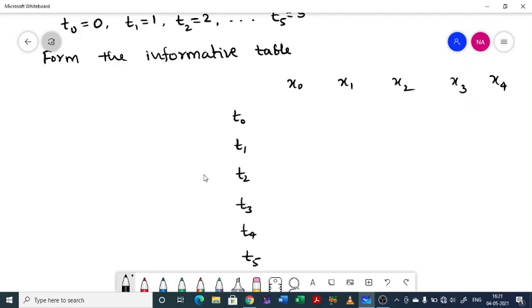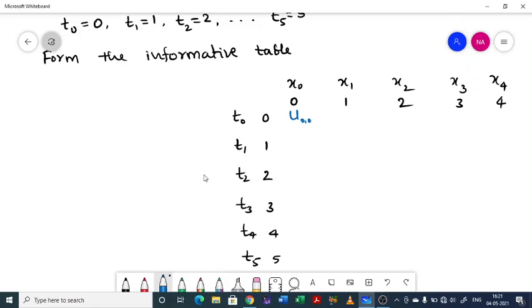Values of x, so 0, 1, 2, 3, 4, and the values of t, 0, 1, 2, 3, 4, 5, and these entries. Okay, let us write in this way.